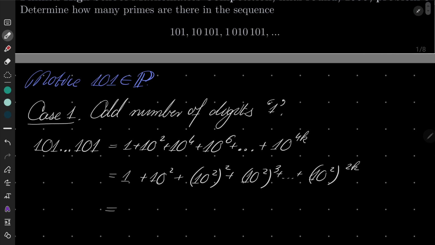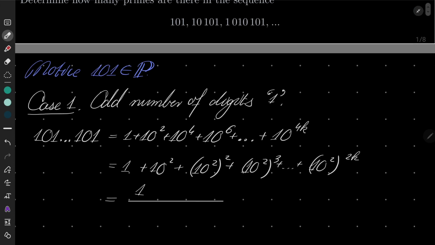And now we can use the formula. It's just 10 to the 2nd power to the power 2k plus 1 minus 1 over 10 to the 2nd power minus 1.